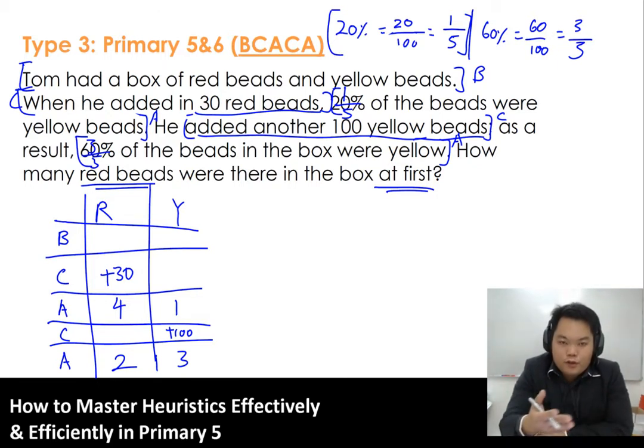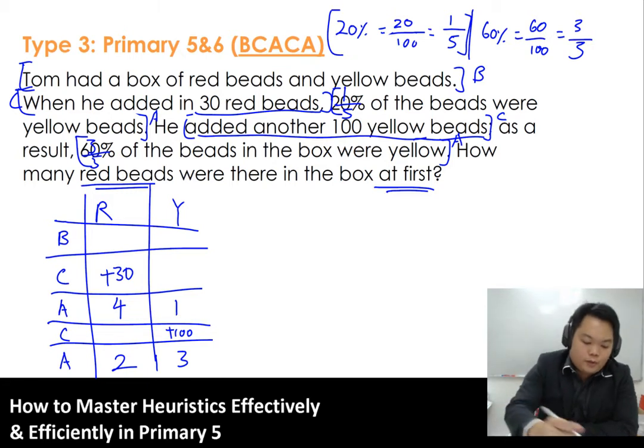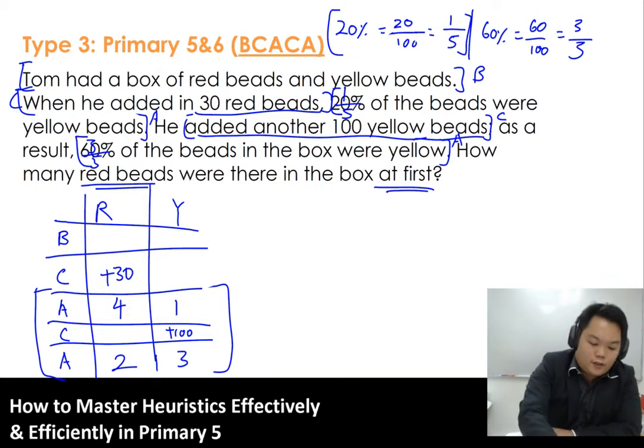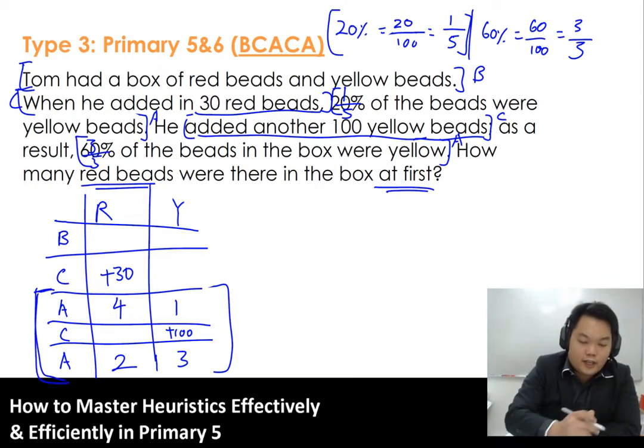Now when we observe this problem, we cannot start from the front because it is not known. But since your end result is known, we can focus on it and work backwards. So this in itself is a before, change, and after scenario. We can observe that there is no change between these 4 units and these 2 parts.